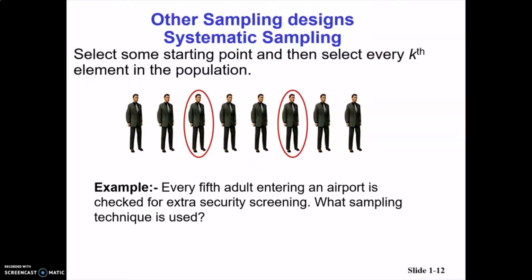What type of sampling technique is used? This is an example of systematic sampling. We are systematically selecting a person. Every fifth person coming into the airport, maybe at a checkout counter, whatever the place is, they are checking for extra security, and that is one example of systematic sampling.